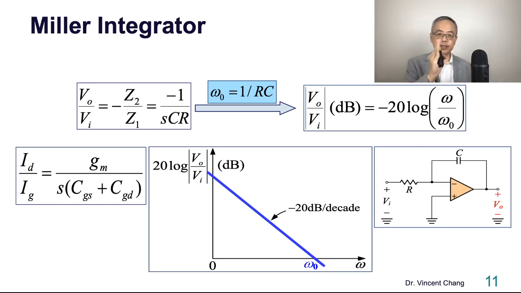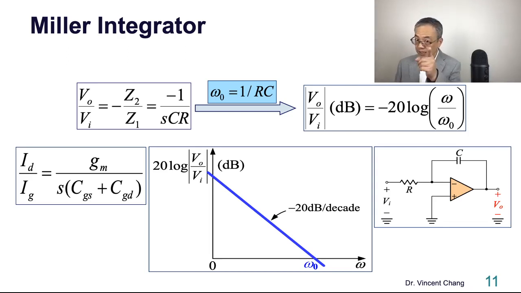On your left-hand side is a complex transfer function represented by the complex frequency S. But on your right-hand side, it's the real number, the real magnitude of the complex transfer function.